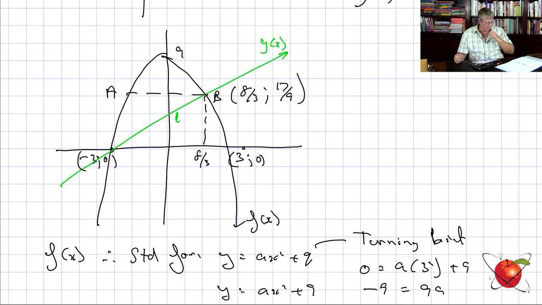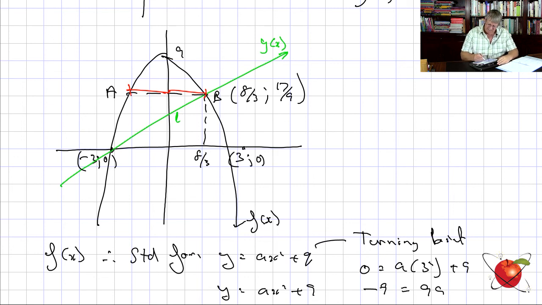So now, what's the next thing? Calculate the length AB. I'm looking horizontally, therefore I want x coordinates. So we need to get the length of this piece and that piece. What can you tell me about coordinate A? Coordinate A is, in effect, mirrored.